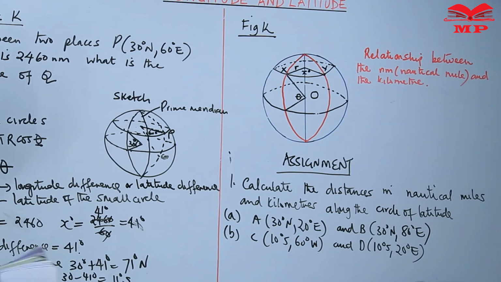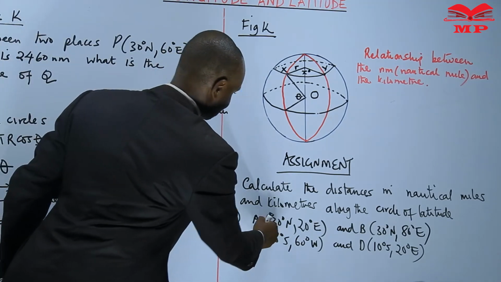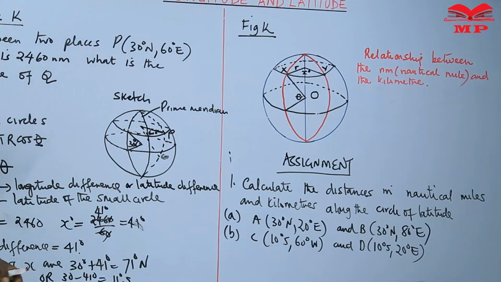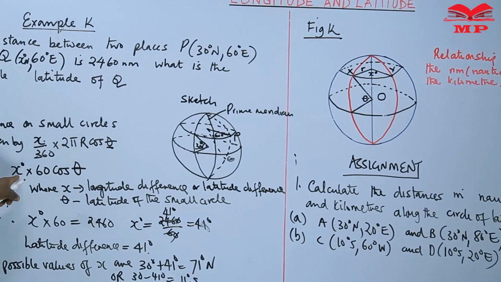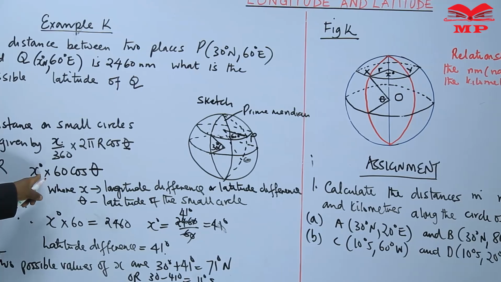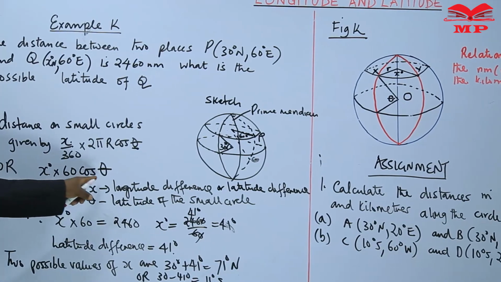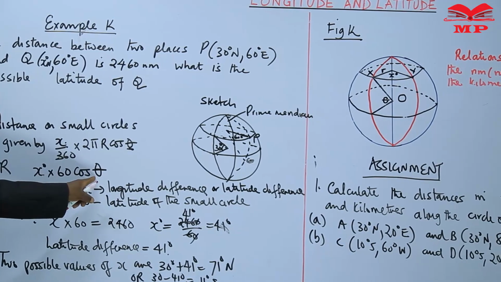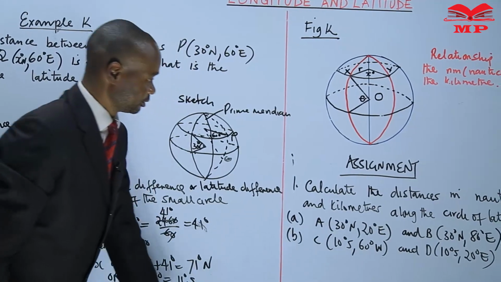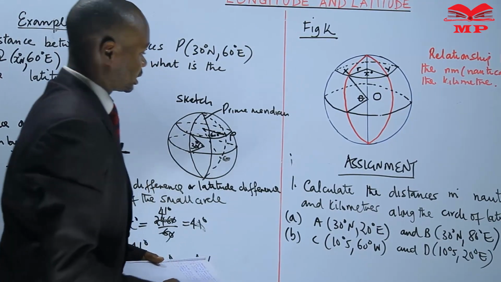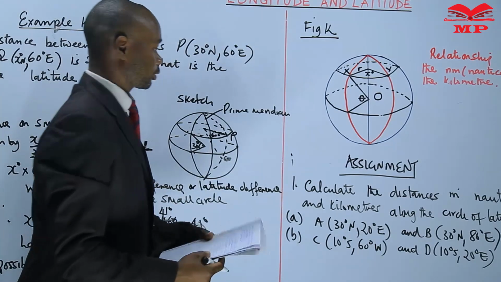But if the latitude is fixed, that distance will be on a small circle. That's why you'll have the difference in longitude times 60 times the cosine of that latitude. Like here, the latitude is 30. So we go through the assignment.